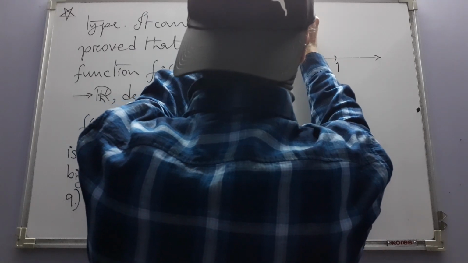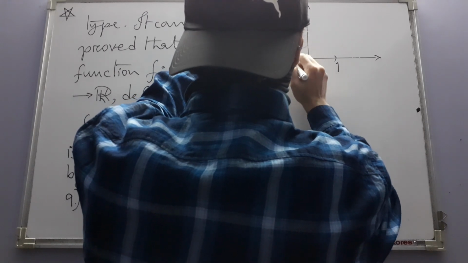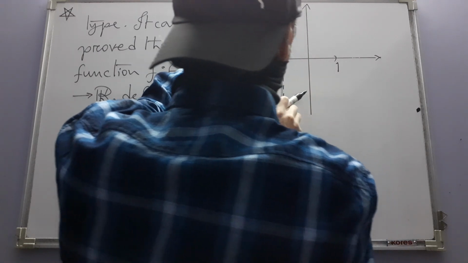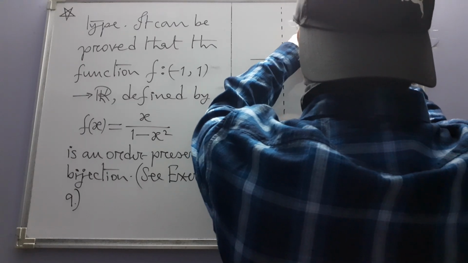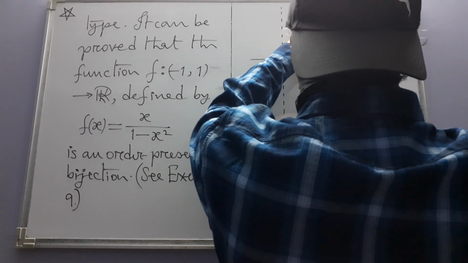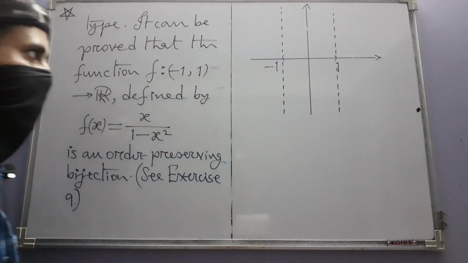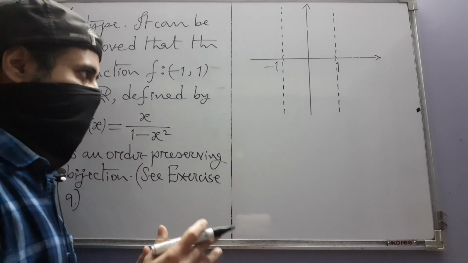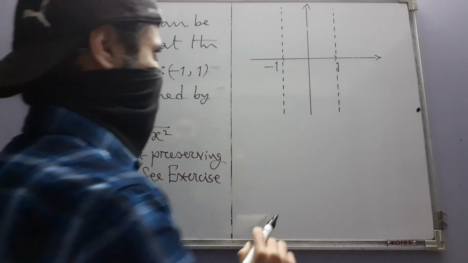So what we do, we draw perpendicular dashed lines passing through these real numbers minus 1 and 1. These of course are not parts of the graph. These serve the purpose of showing us in which region the graph lies.